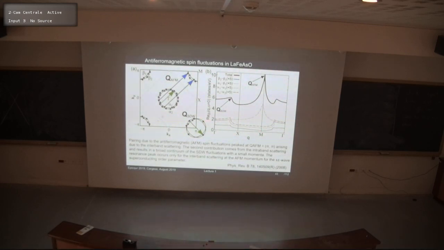Another way of connecting Fermi surfaces is within the same bands, and this is a smaller Q vector. Sometimes it could also be due to electron-phonon coupling or other effects, even nematic fluctuations.